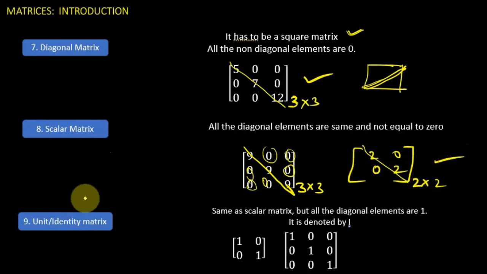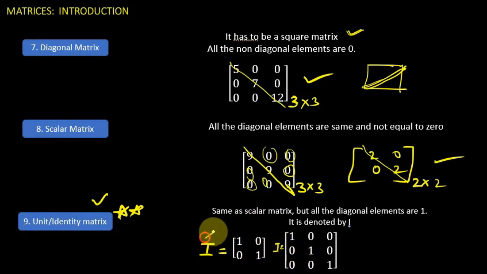Now we'll see the 9th type, unit or identity matrix. This is also very important. This is the same as a scalar matrix, but all the diagonal elements are 1 here. It is denoted by capital letter I. I have taken two examples of identity matrix.